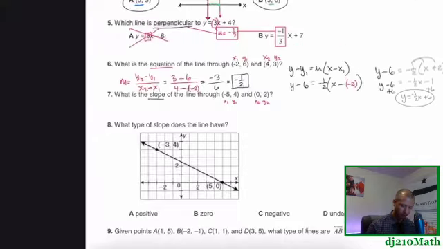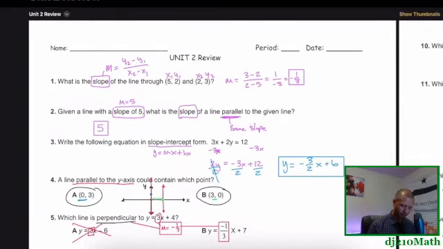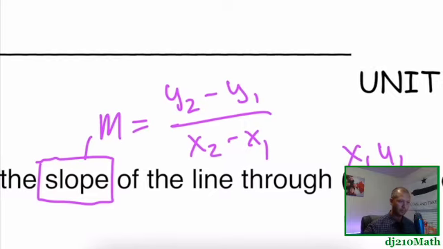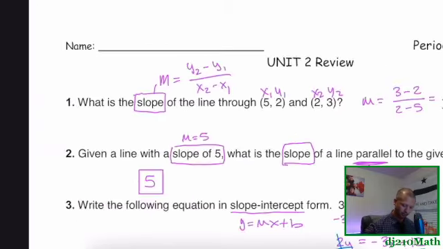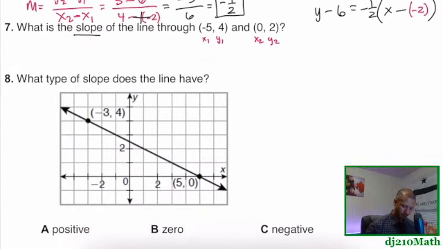We're going to use the formula m is equal to y2 minus y1 over x2 minus x1. All right, let's go. M is equal to y2, 2, minus y1, 4, over x2, 0, minus x1, -5.